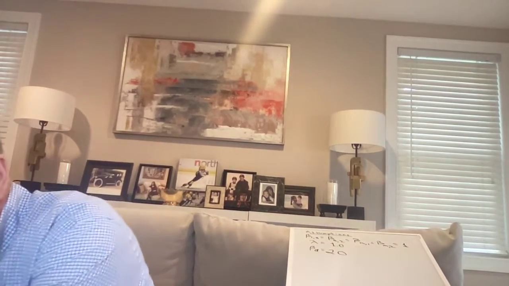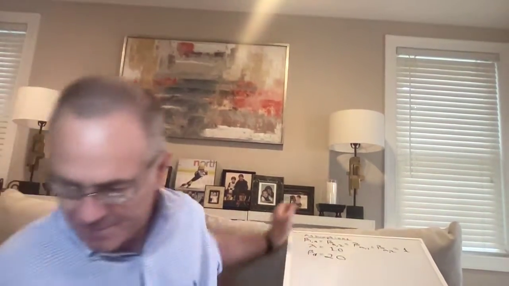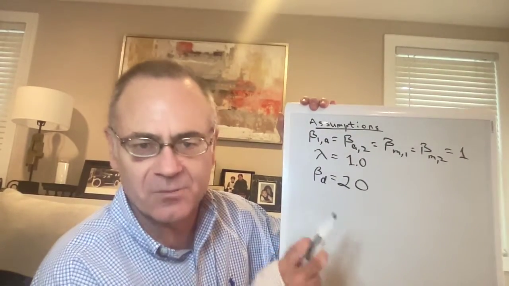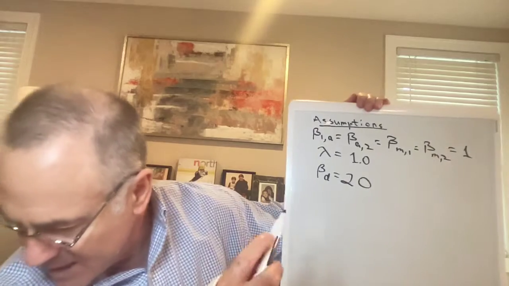Okay, let me next give you a little more assumptions or details about what's going on when he simulates the data. Now first of all, here's the assumptions about the parameters. We're going to use these parameters to generate the data.